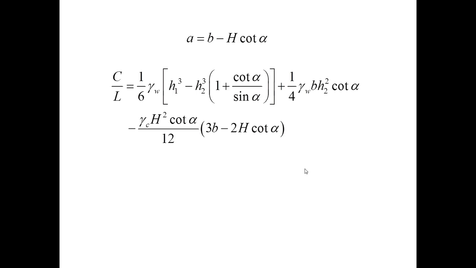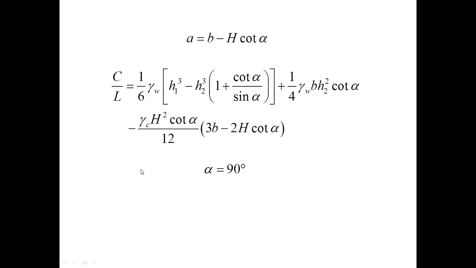Next, I will substitute this expression into the expression for the reacting couple, and I obtain this equation. Now I would like to check what happens if alpha is equal to 90 degrees. So the dam becomes rectangular, and in this case cot alpha is equal to 0.